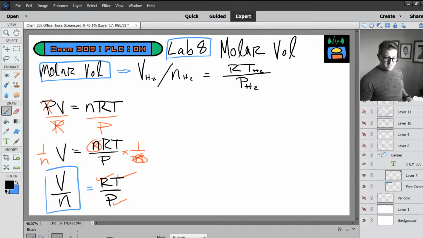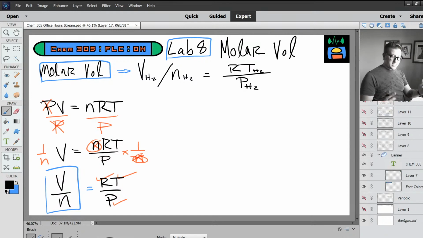So we need to use these quantities to calculate our molar volume. So first off, let's look at ambient conditions.